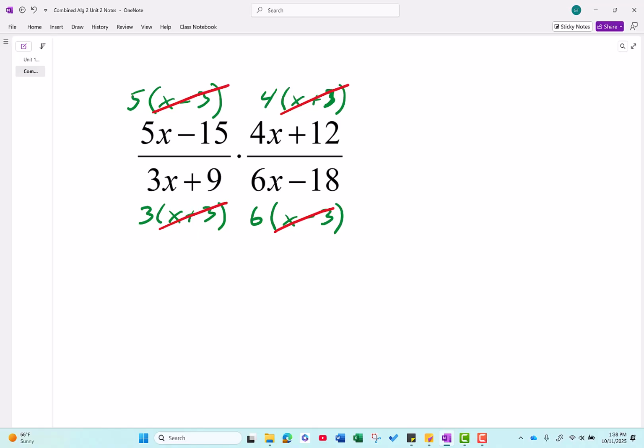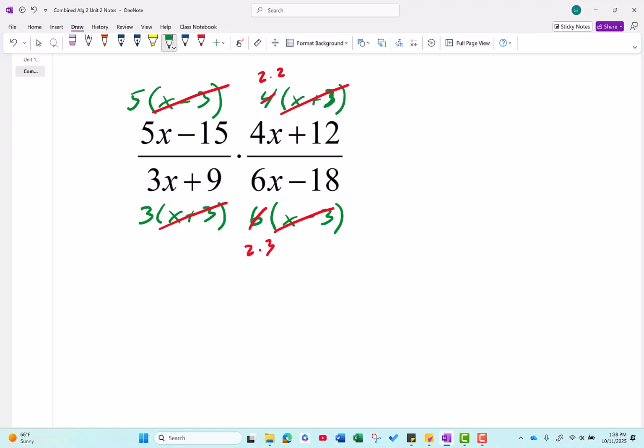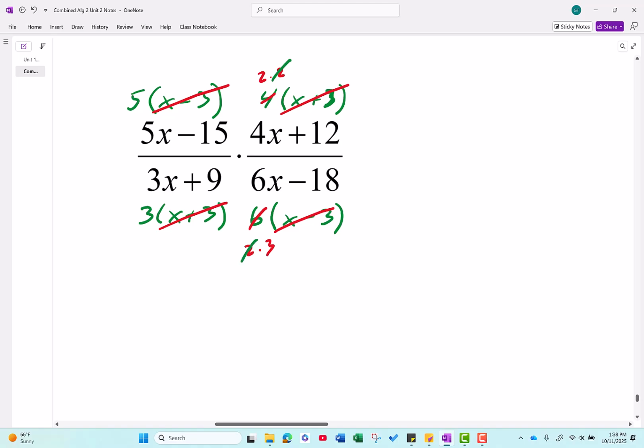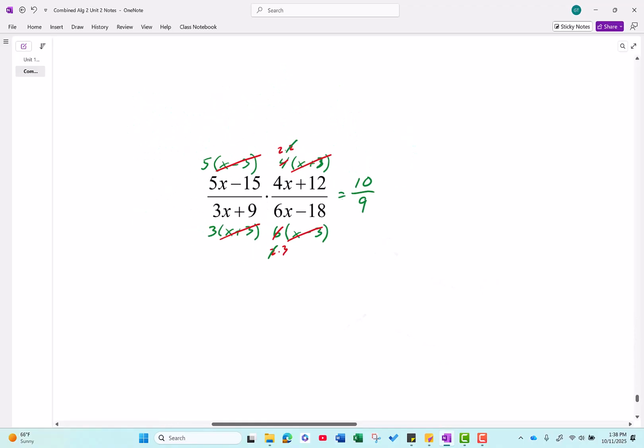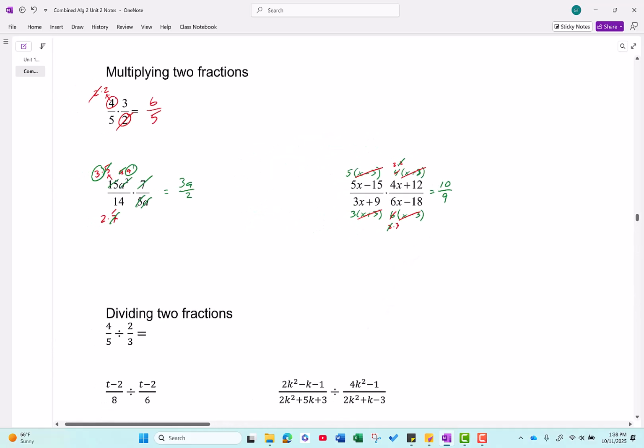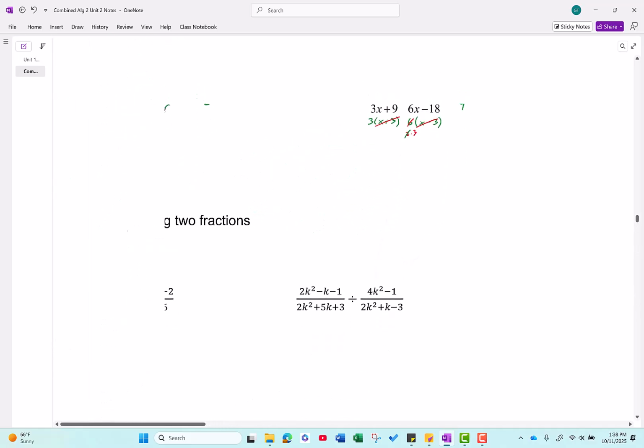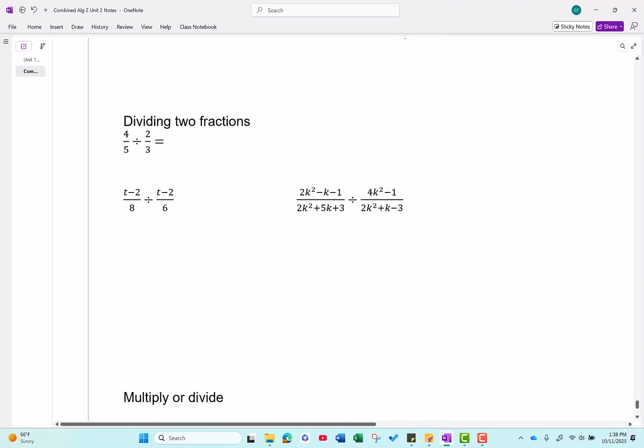Or I can also reduce this down to 2 times 2 and 2 times 3. Then I can cancel out a 2 and a 2. Now I have 5 times 2 is 10, 3 times 3 is 9. So I have it completely simplified at that point. Again, I'm just trying to show you ways that you can get there a lot easier than it might look at face value.